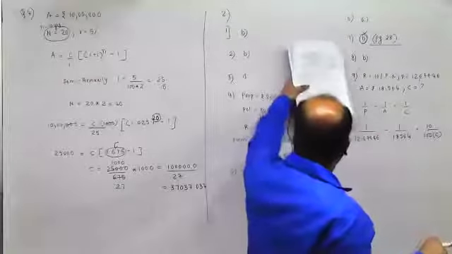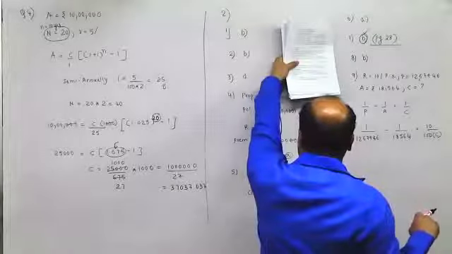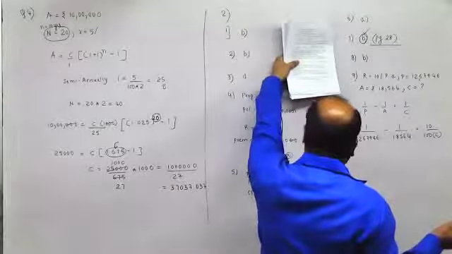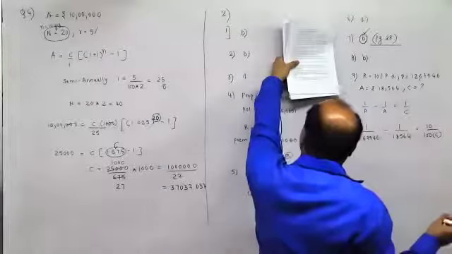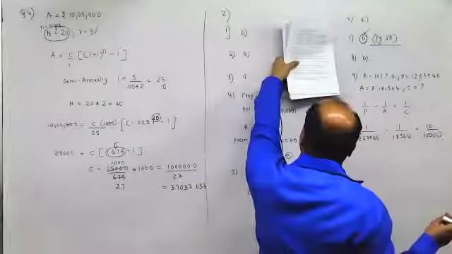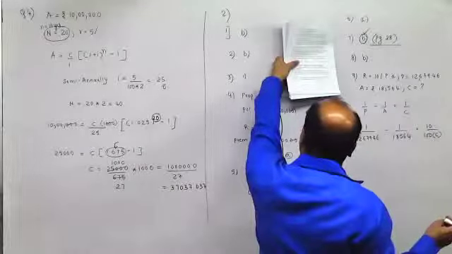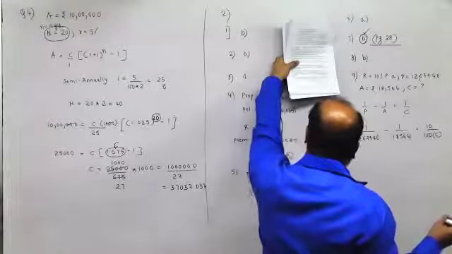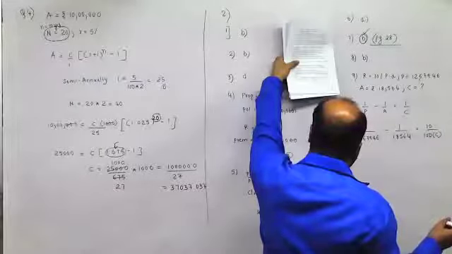Immediate annuity, P is this, A is this. A equal to P into 1 plus I raised to N. How do they expect us to do such stupid calculations?